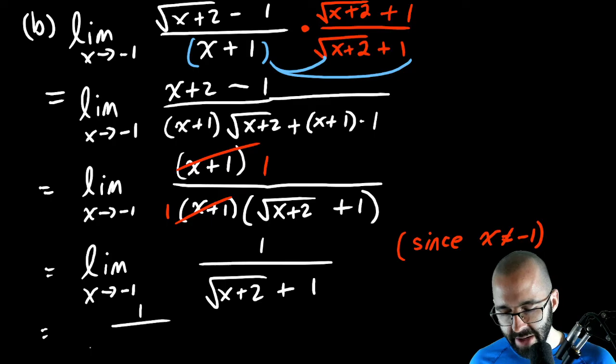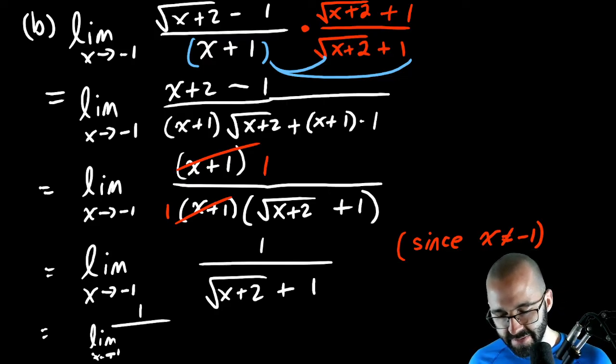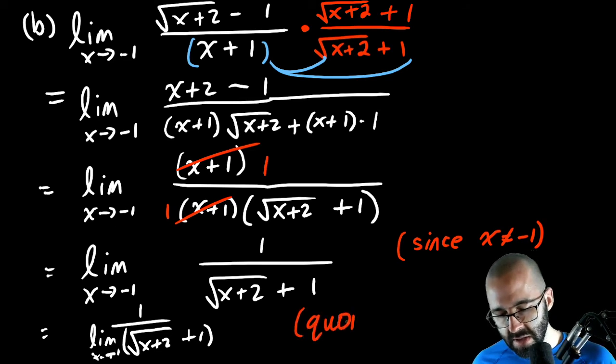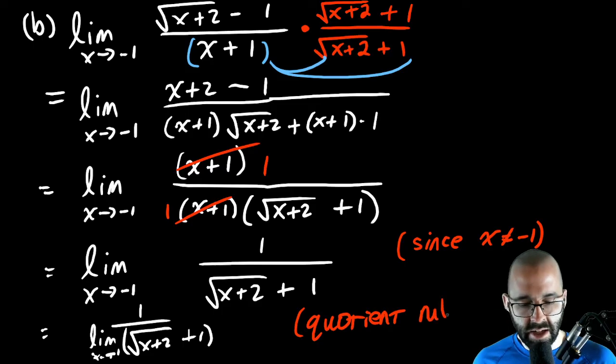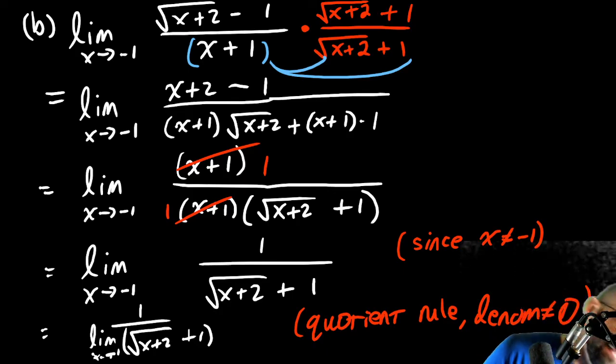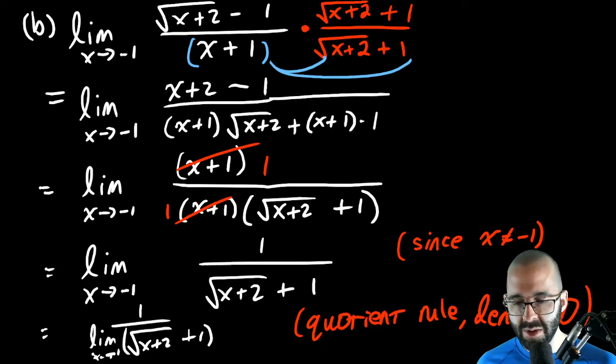It's going to be 1 divided by the limit as x approaches -1 of the square root of x plus 2 plus 1. And again, this is the quotient rule. And the reason we can use the quotient rule is the denominator is not equal to 0.